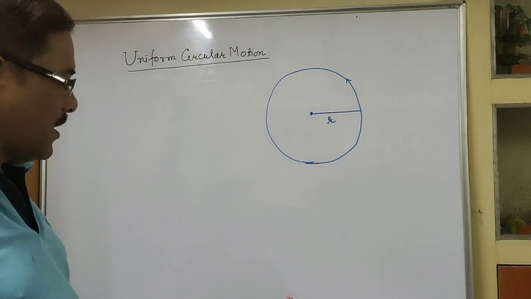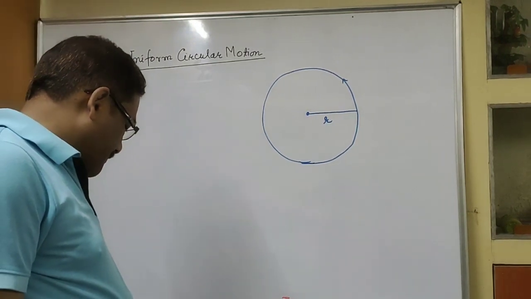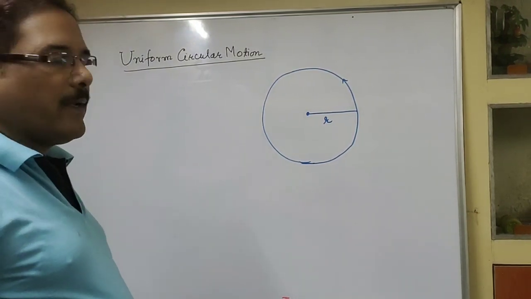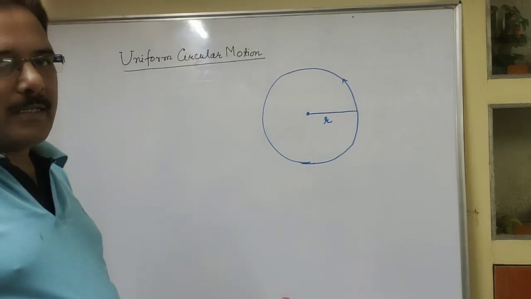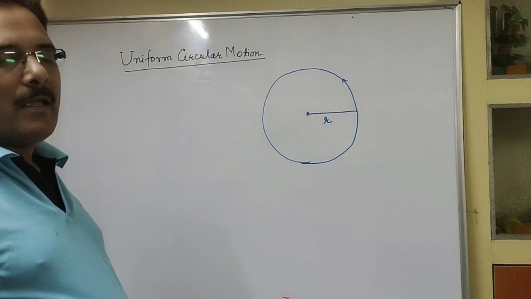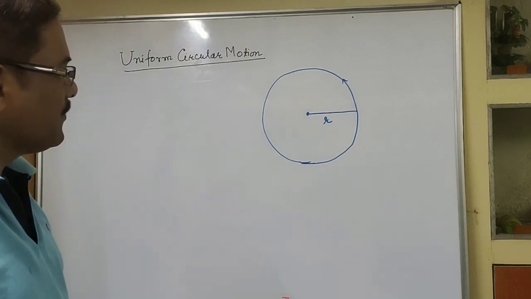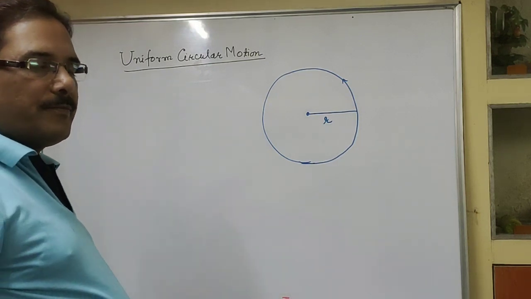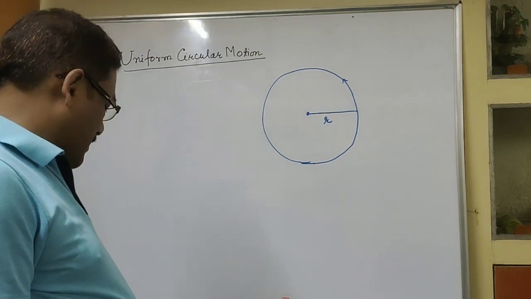Considering an object is moving in a circular path of radius r.